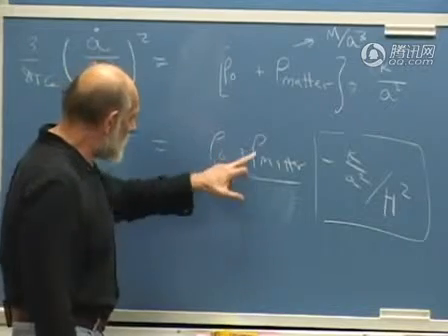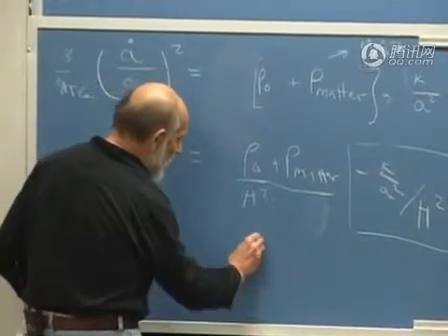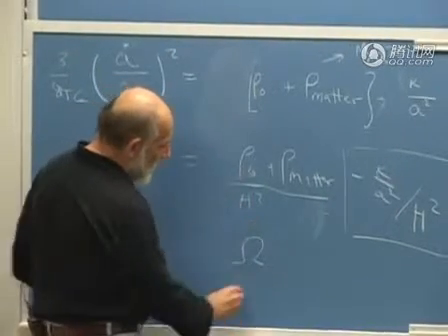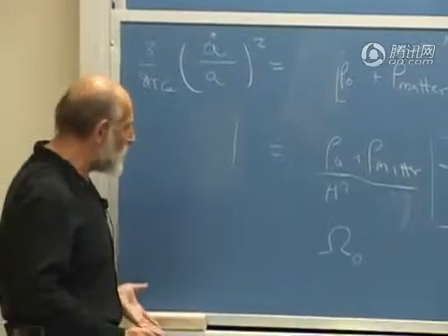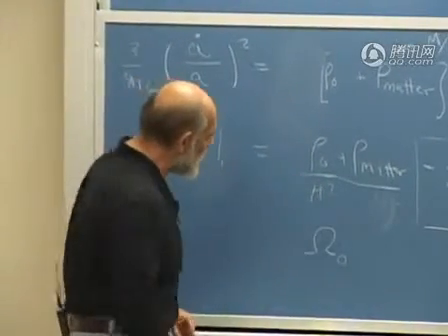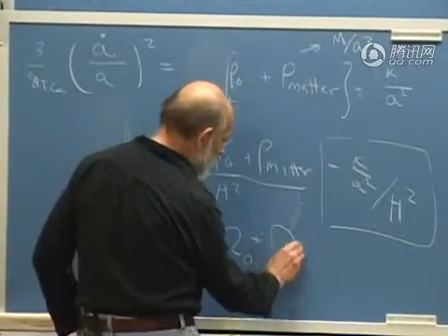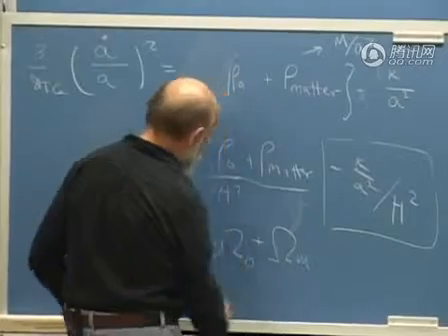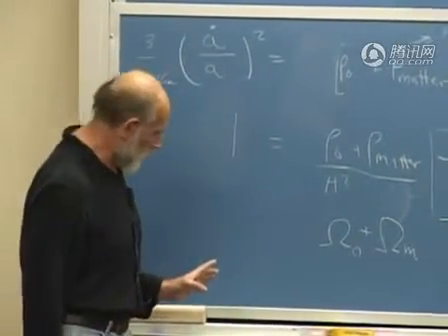Now this is called omega. The first term here is called omega naught, or sometimes omega vacuum, or sometimes omega lambda, to stand for cosmological constant. And the second term here is just called omega matter. Rho divided by H squared is called omega.